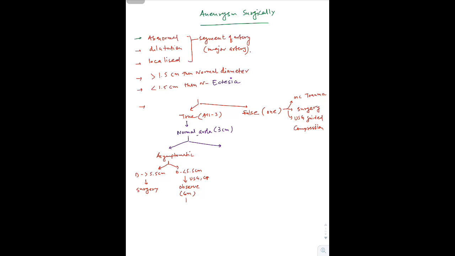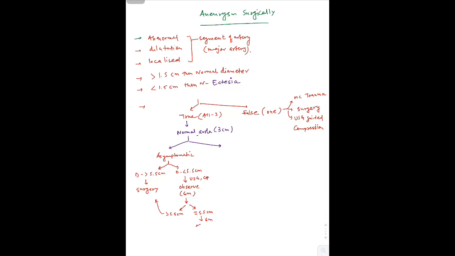After 6 months, if the size of aneurysm increases or goes above 5.5 centimeter, then we will go for surgery. But if the size remains around 5.5, then we will again wait for the next 6 months.